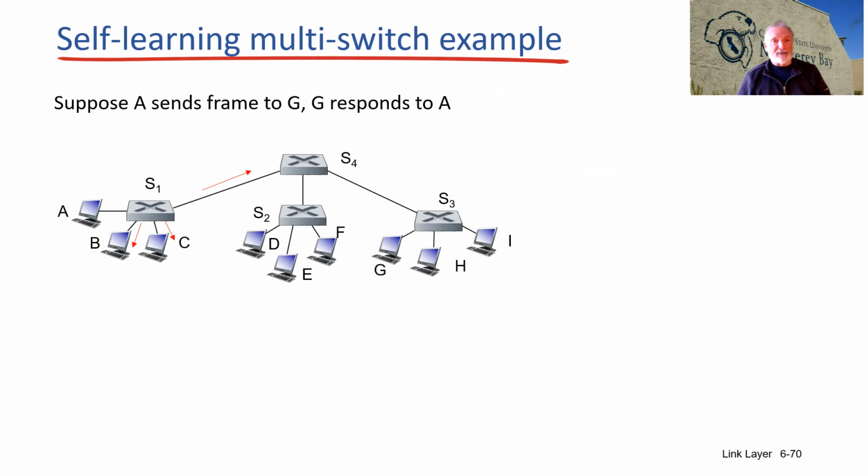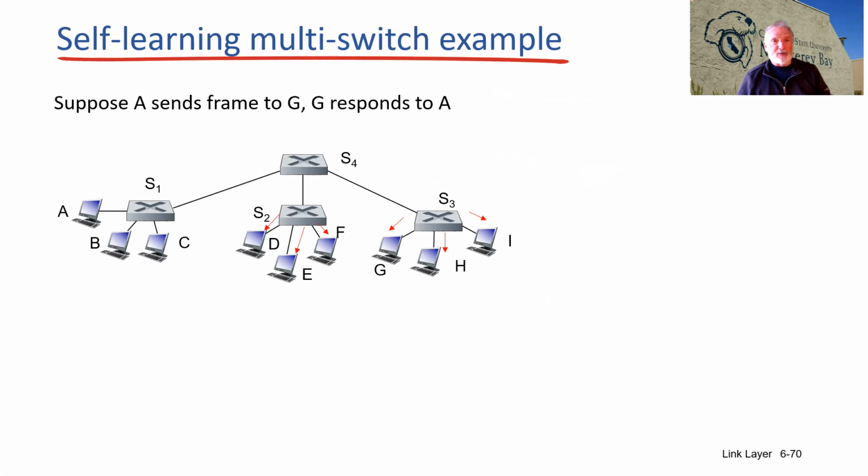Switch 4 will receive this frame, record that device A can be reached via switch 1's interface, and flood the frame out of all its other ports. Switch 3 will receive this frame, record A's MAC address and that it came from switch 4's interface, and flood the frame out of all its other ports.